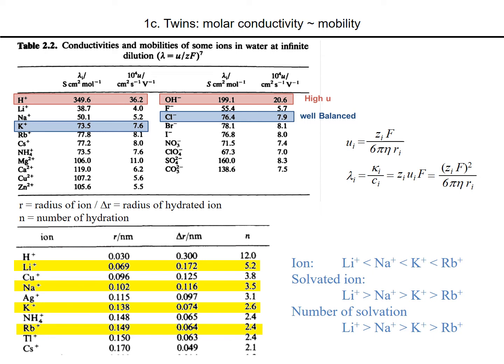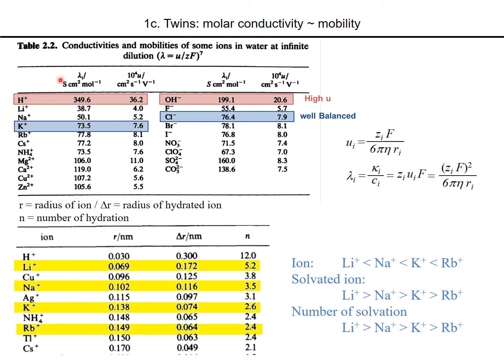Okay, so you have learned about mobility, also conductivity, or some variation of conductivity, which is molar conductivity. So here is the real value of the molar conductivity and also mobility. Let me check the values.